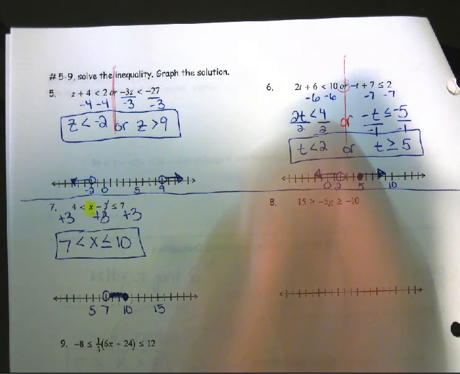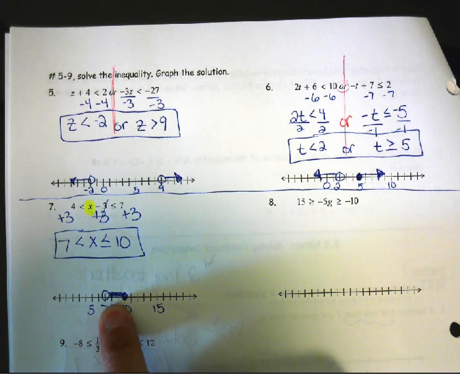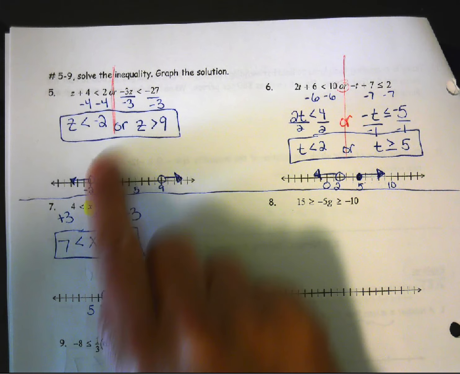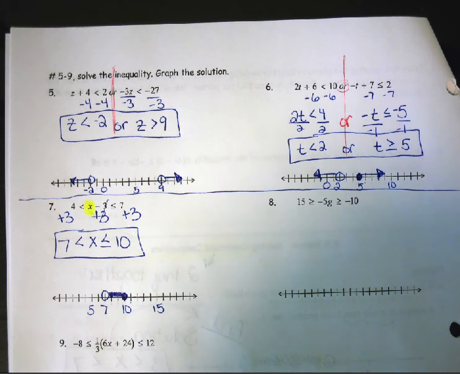Do you see how it's dark in the middle? So again, compound ands have this dark overlap in the middle when ors have this gap in the middle. So it's pretty easy to tell the difference between the two just by looking at their pictures.